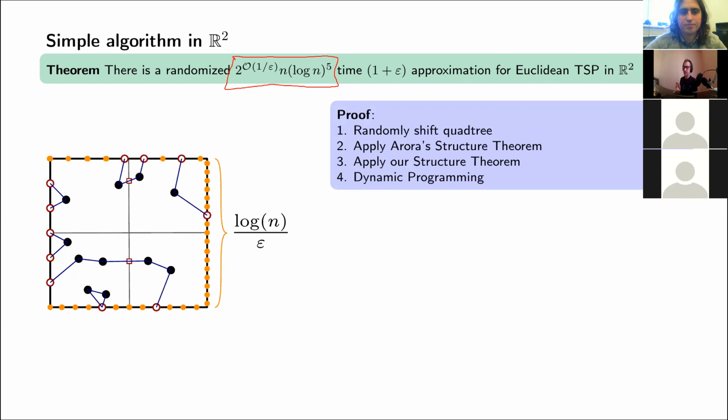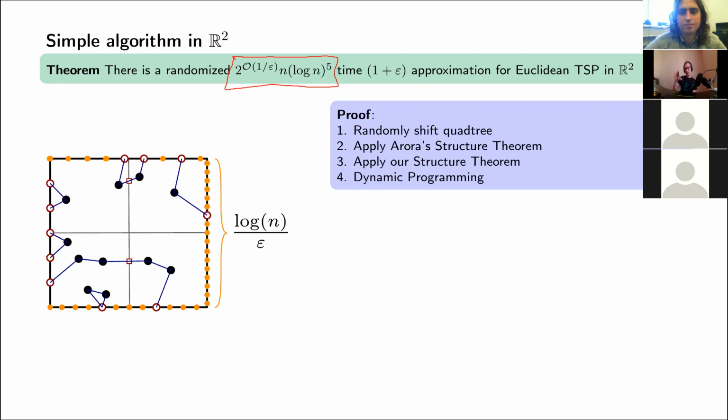So in the proof, we select a randomly selected quadtree, and what we do first is apply the structure theorem of Arora. It will guarantee us that any crossing will go through one of the log n over epsilon portals, even if it crosses it only once.